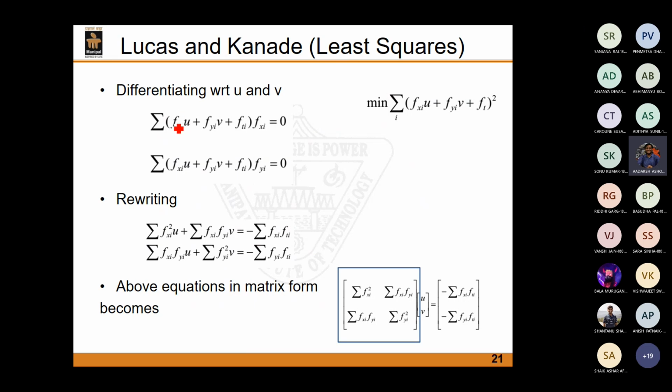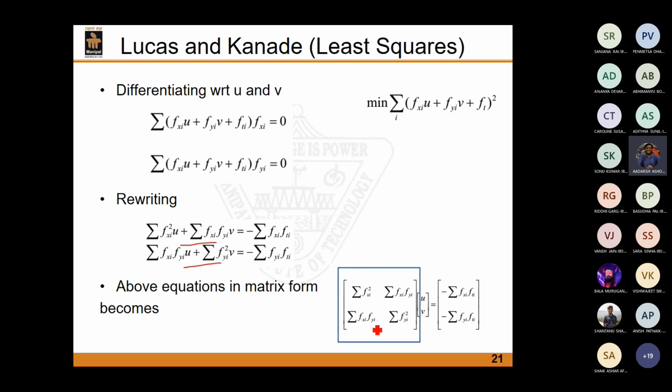So you're just differentiating both the equations with respect to u and v, and equating them to 0, and just after expanding the brackets and rewriting, you'll get these two equations. These two equations you can write in matrix form as shown over here. So finally I can write it as sigma fxi square, sigma fxi fyi, sigma fxi fyi, sigma fyi square.